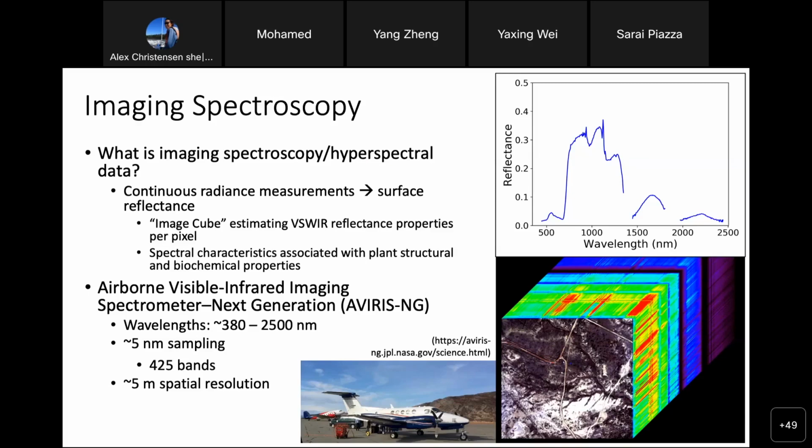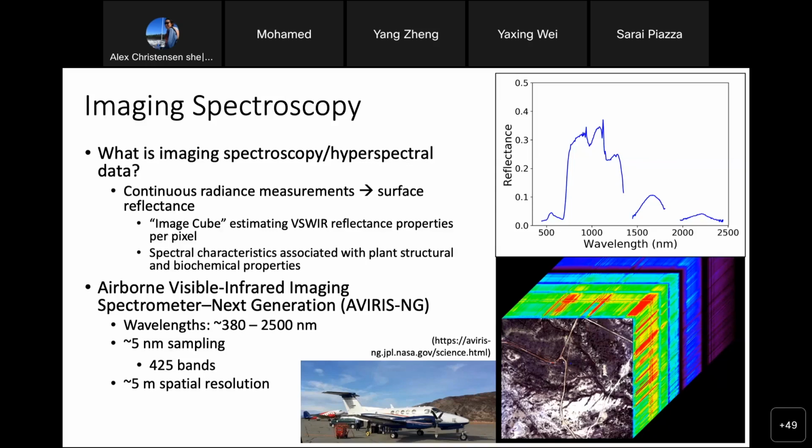So for example, at this image, if you look at a vegetation pixel, you can pluck out the data and plot the reflectance values across all 425 bands that we have here. And this is what a typical vegetation spectrum looks like. This is old data, so there are some other noisy artifacts still lingering in there. The newer data is generally a little bit better.